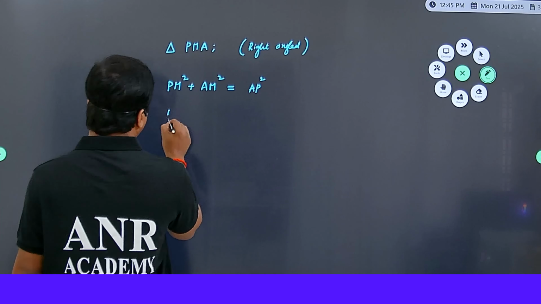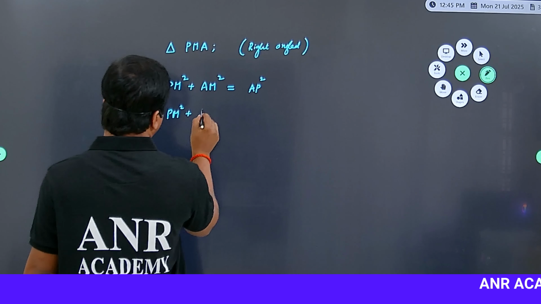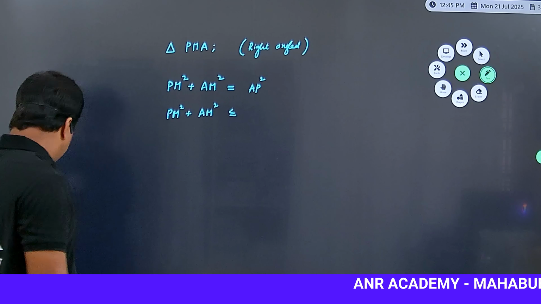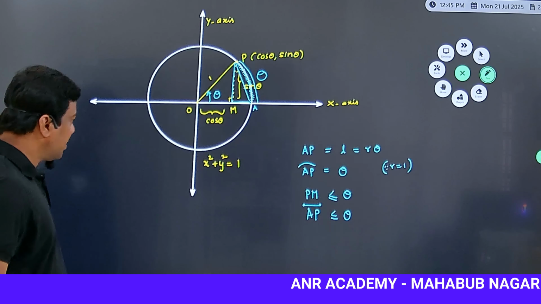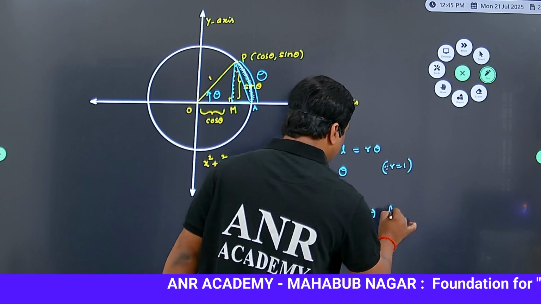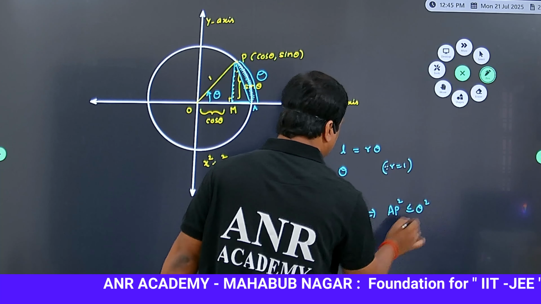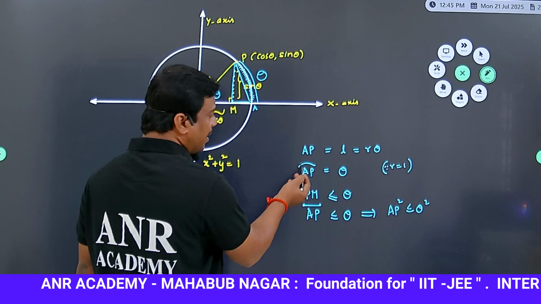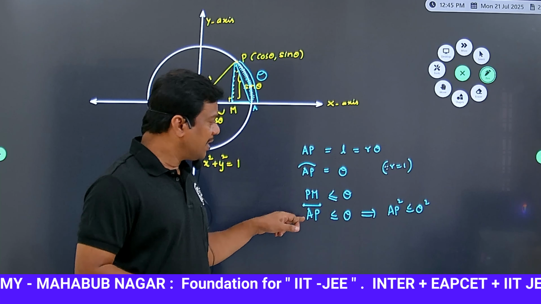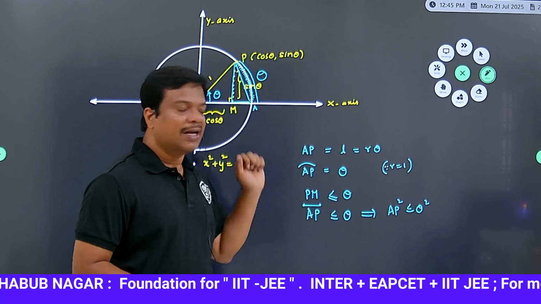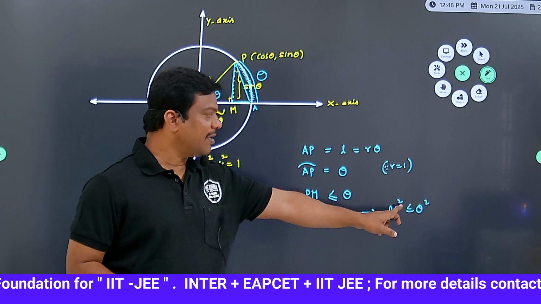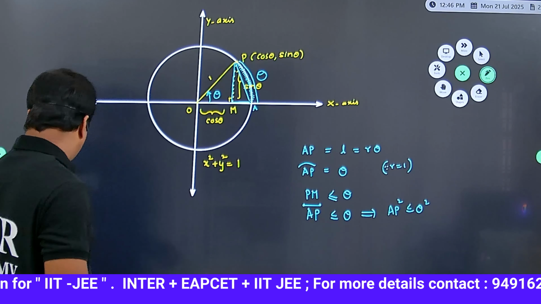So I can write PM square plus AM square is less than or equal to theta, and hence I can write AP square less than or equal to theta square. Here AP is the arc length theta, and AP as a line segment length is always less than or equal to the arc length, and hence the square of the length of the line segment is also less than or equal to the square of the arc length.